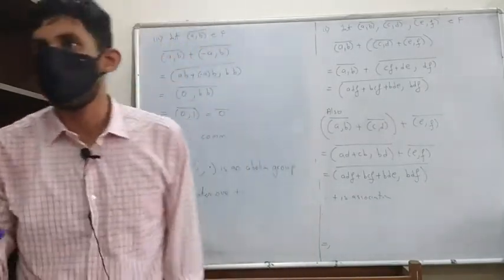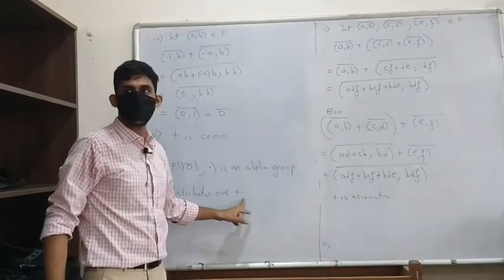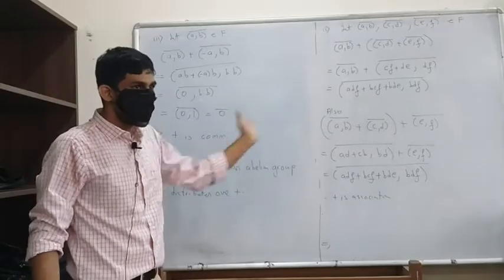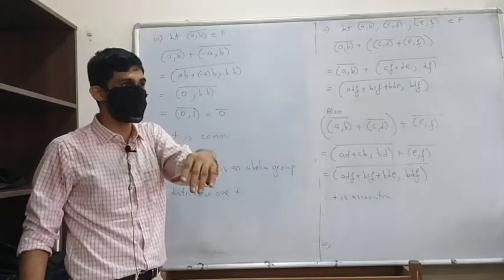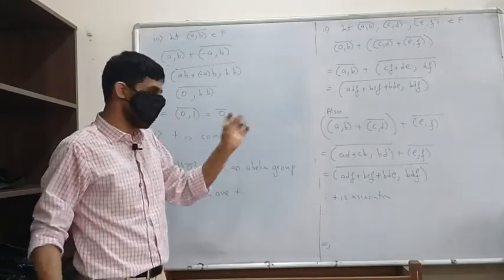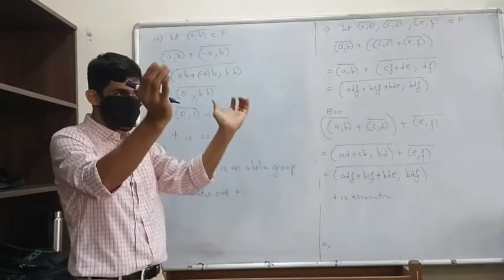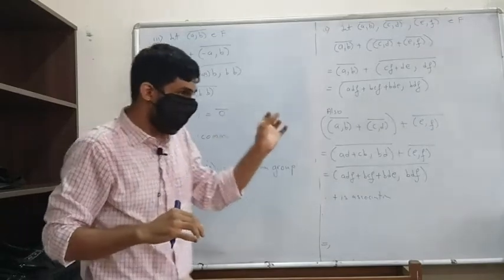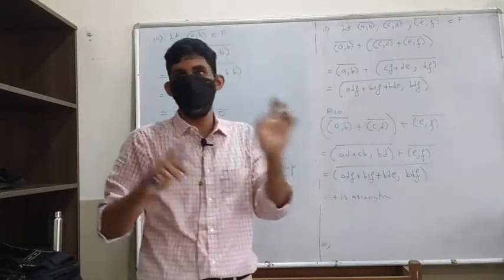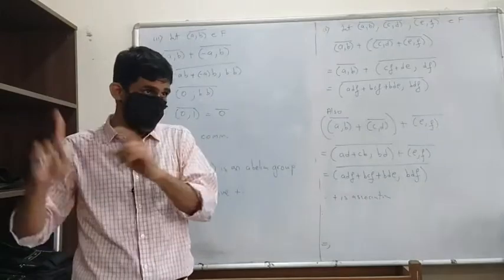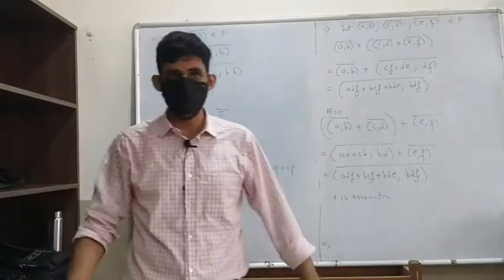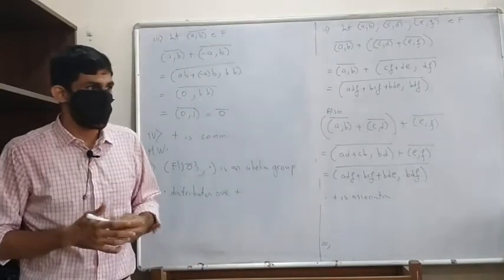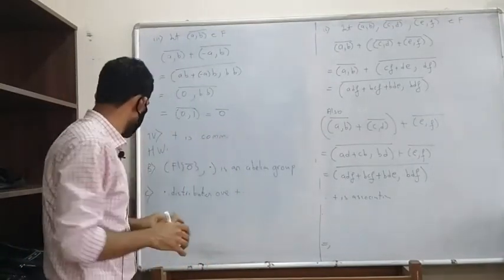Okay, so again, to show that dot distributes over plus, take your a, b, c, d, e, f, do one side computation, that is find what is a, b times c, d plus e, f, and then you do a, b times c, d plus a, b times e, f, and show that both these give you the same equivalence class. Okay, that's what you need to do. Okay, that will prove that this is a field.